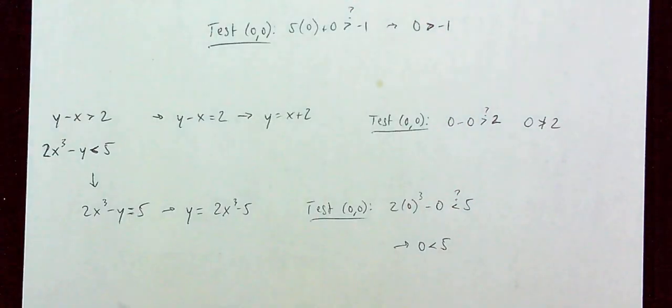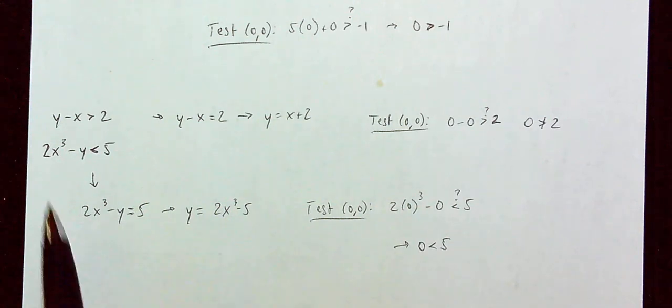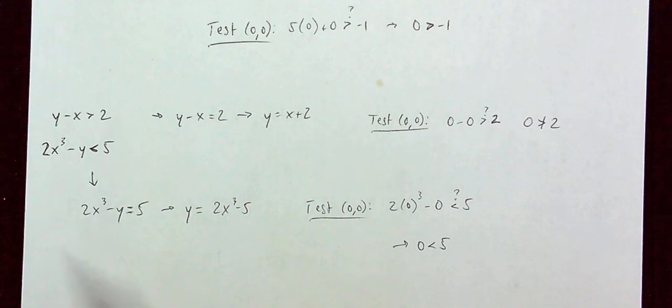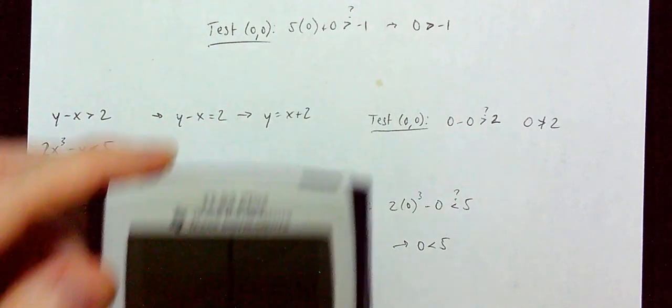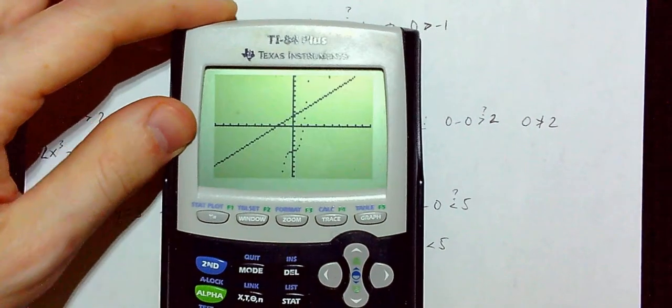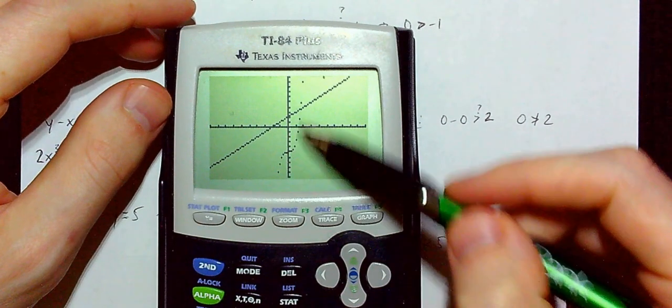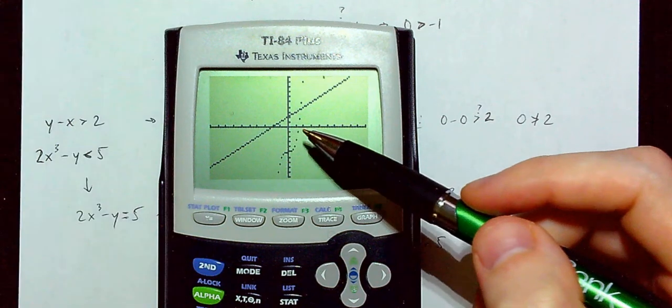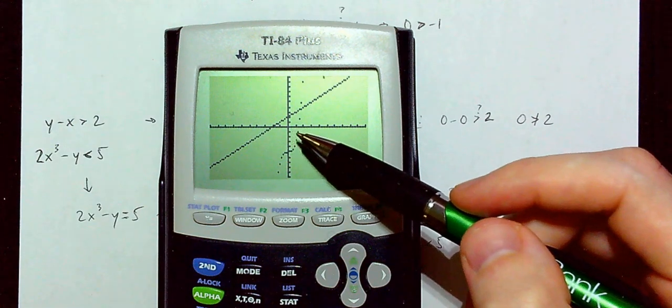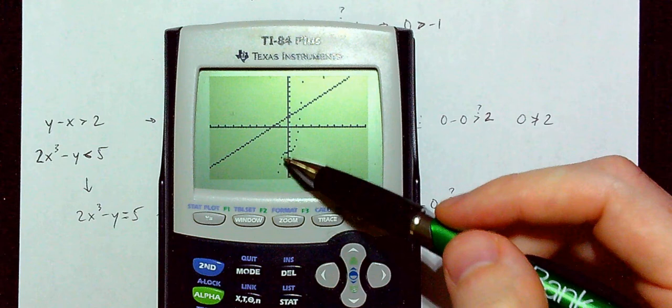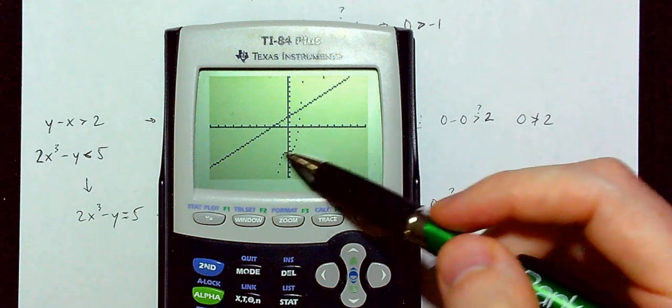Looking at the cubic here, 2x cubed minus 5. If I take (0, 0), it also doesn't lie on the curve. If I plug it into my inequality, it makes it true: 0 is less than positive 5. (0, 0) lies above this dashed curve, so I want to fill in everything that lies above this funky looking curve.